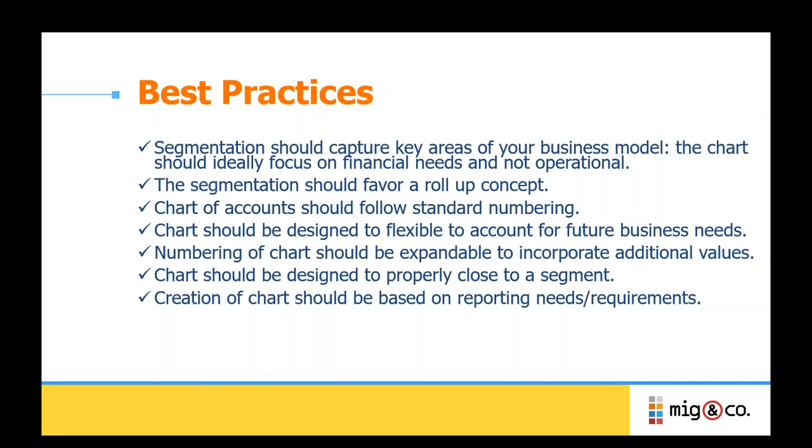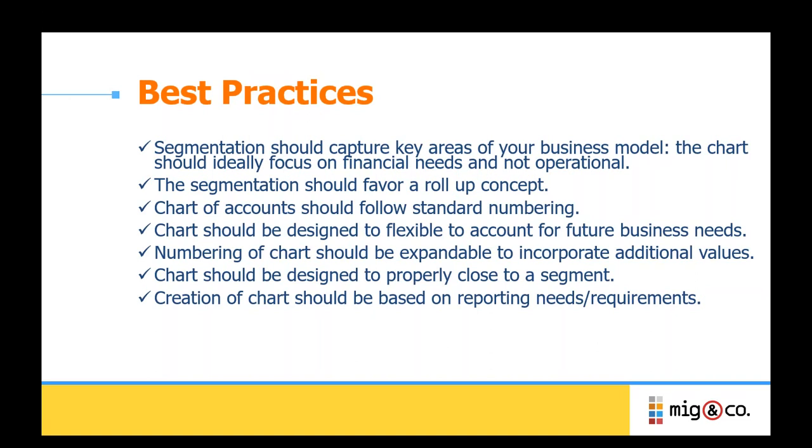The segmentation should lend itself to a roll-up concept. So for example, if you have a multi-company environment, you want to be able to roll up to a single consolidated, perhaps consolidated with elimination journal entries, and then from there maybe it rolls down to the companies, and then from there to divisions and departments and so on.